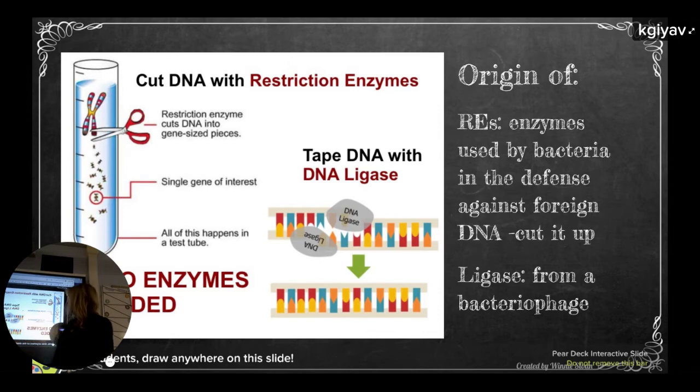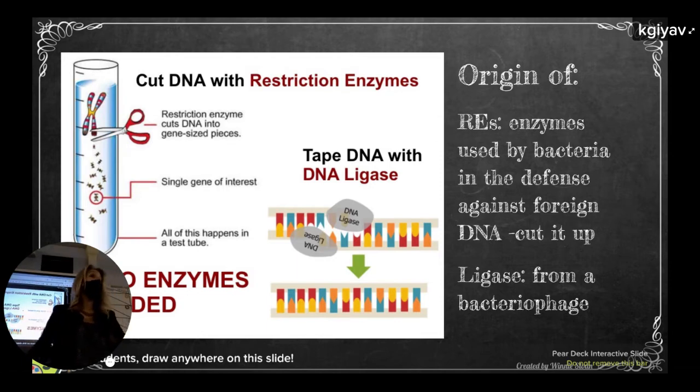Yeah. All right. And when we talk about the origins, where did restriction enzymes come from? Bacteria. Why did they have genes that would code for restriction enzymes? Self-defense, part of their immune system, to protect themselves from invading viruses by cutting up the viral genome.